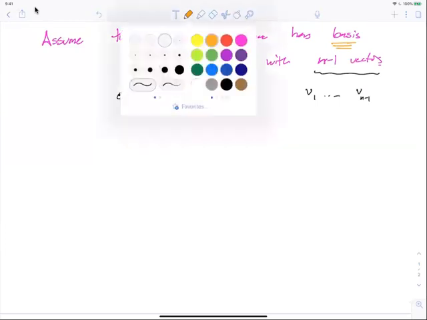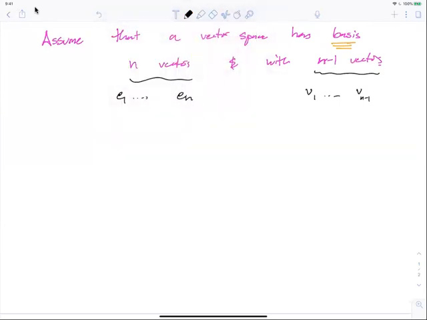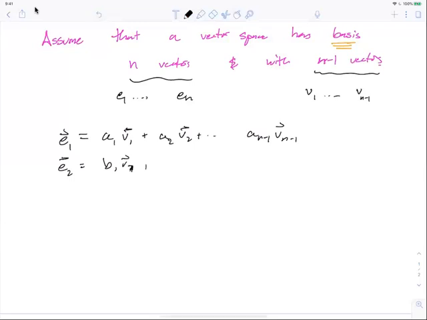So in particular, if V1 through Vn minus 1 form a basis, which they do, we can write E1, just think of this as any old vector, I don't care what it is, as some combination A1 times V1 plus A2 times V2 all the way to An minus 1 times Vn minus 1. It's some combination of those. And we can write E2 as some other combination of those same vectors. And this keeps going.